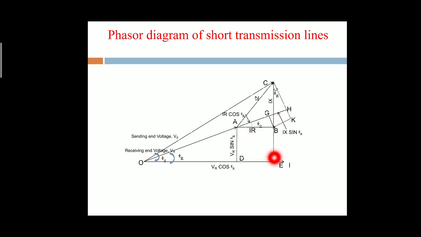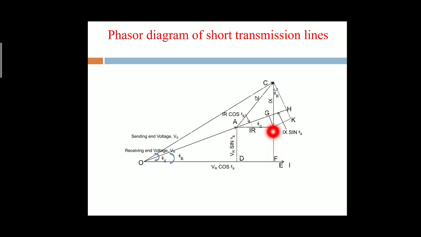Next, coming to FC. FC is equal to FB plus BC. The length of FB is the same as the length of AD, which is notated as VR sin phi r. Therefore, FB is equal to VR sin phi r.